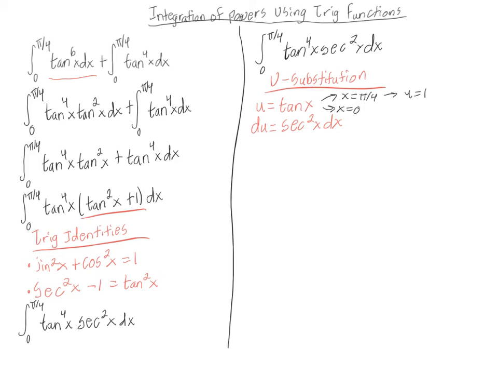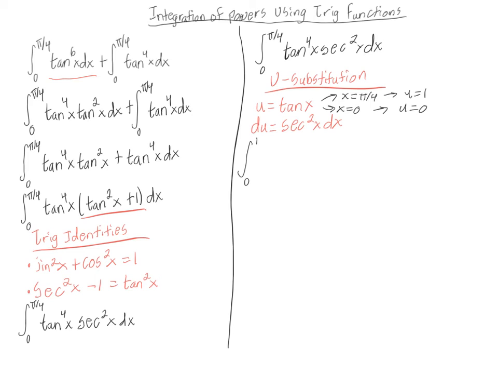And as x equals 0, tangent 0 is 0, so u is 0. That's how you would change your limits of integration. Now just plug u into your integration.